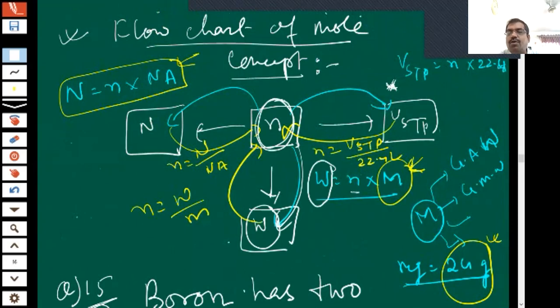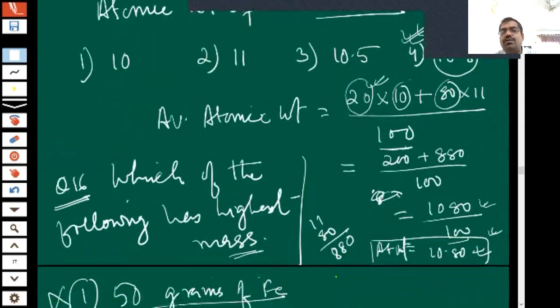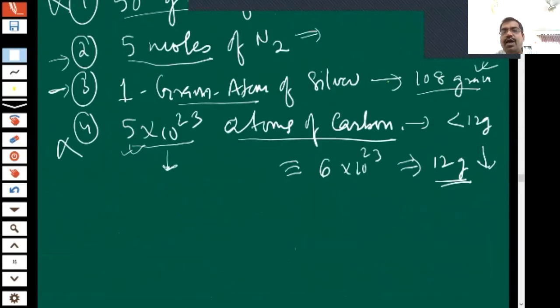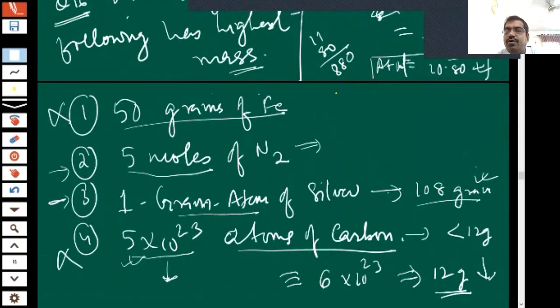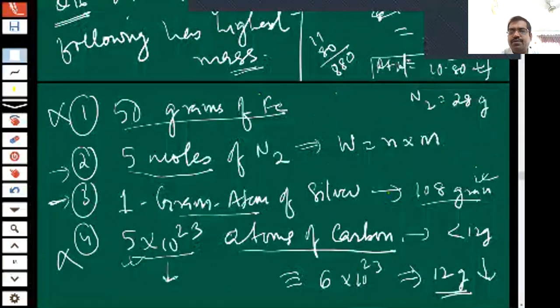W is equal to number of moles into molar weight. So what is the molar weight of N2? The molar weight of N2 is 28 gram. Each nitrogen is having 14 weight, 14, 14, 28. So this is the molar weight.